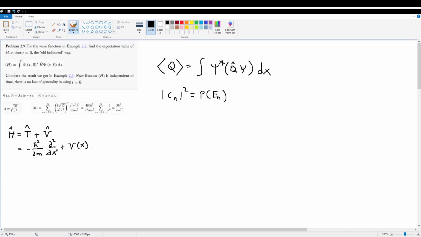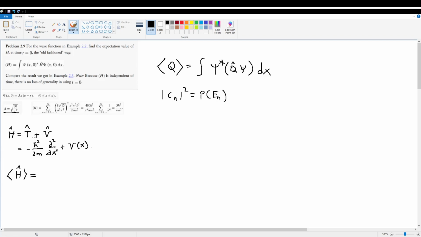So by this formula right here, the expectation value of the energy, or the Hamiltonian, is going to be equal to, and we already have psi, and we have psi star. Psi star and psi have to be equal because there's no complex terms in here, so the complex conjugate doesn't actually change anything.